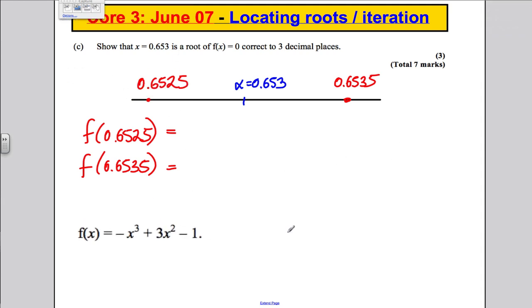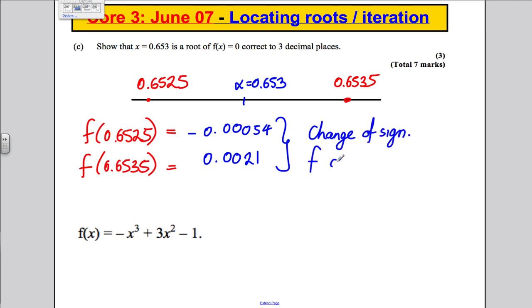So all we've got to do is work that out for those particular values, and doing that we would get for the first one an answer of negative 0.00054, and for the next one you would get 0.0021. You know there's a change of sign, so you state change of sign as always.